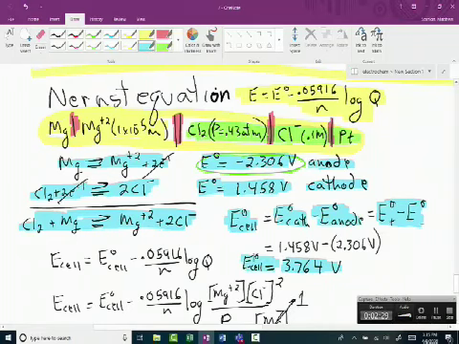All right, moving right along. Here's our Nernst equation.